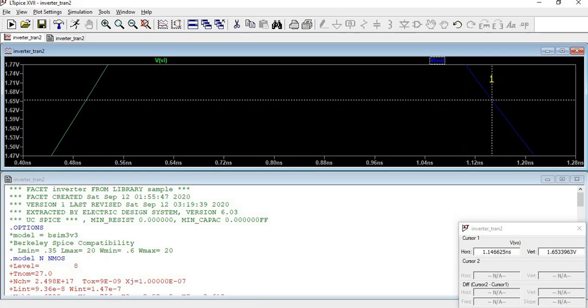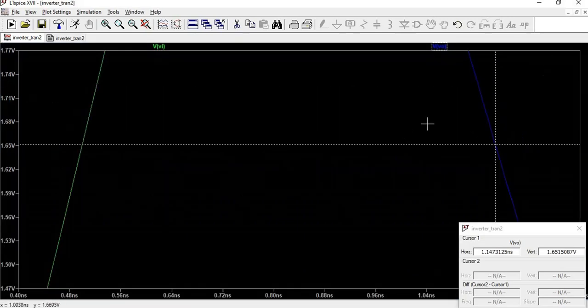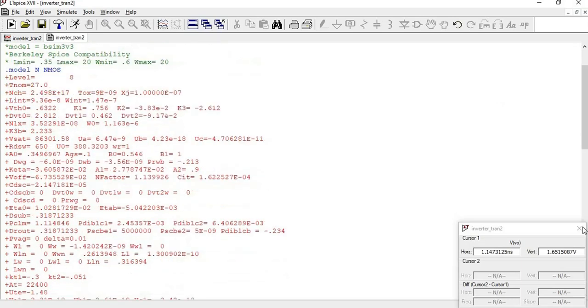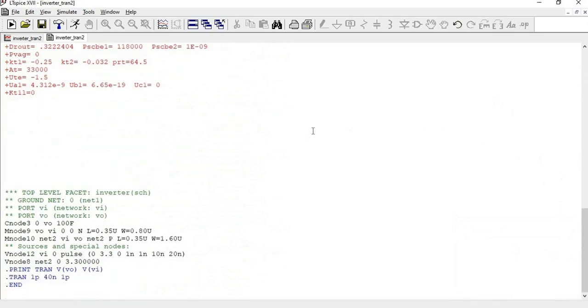At 1.65, approximately 1.4. But if we're going to do that, we're still using the approximation method. So instead of approximating the values, we can add certain commands into your netlist.